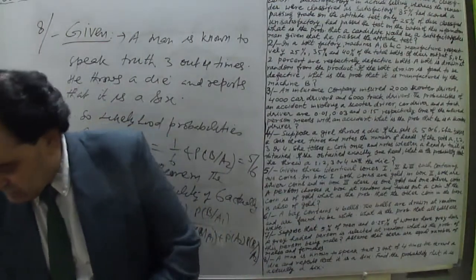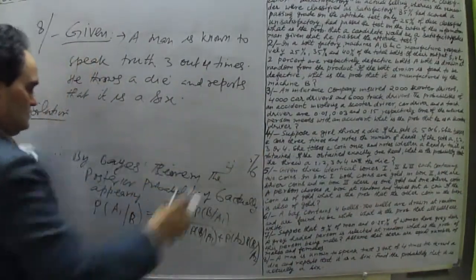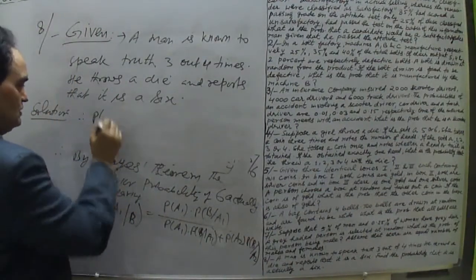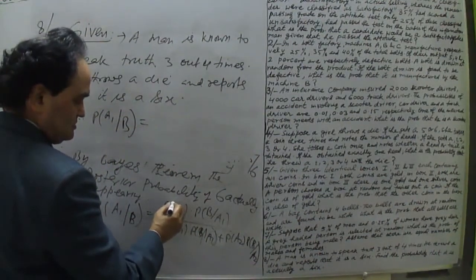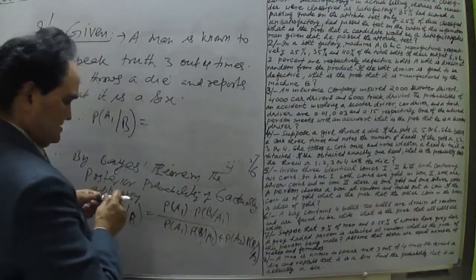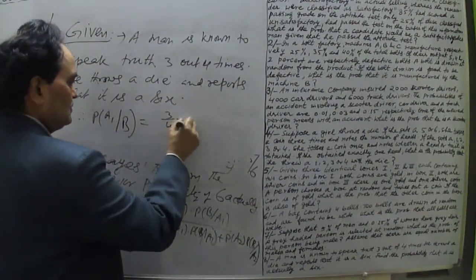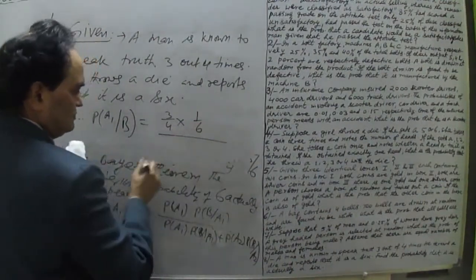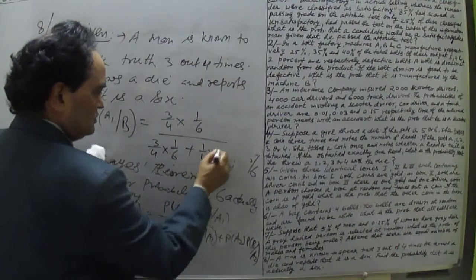Now let me write these values above. Therefore, the probability of A1 speaking the truth, 3 out of 4, is 3/4 into 1/6, and this is 3/4 into 1/6 plus 1/4 into 5/6.